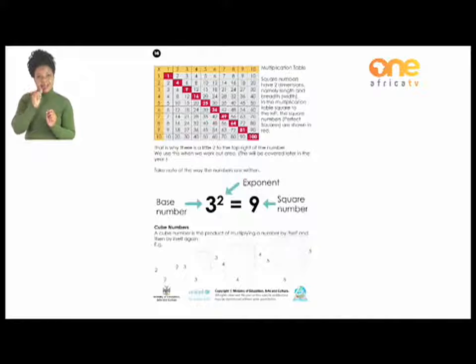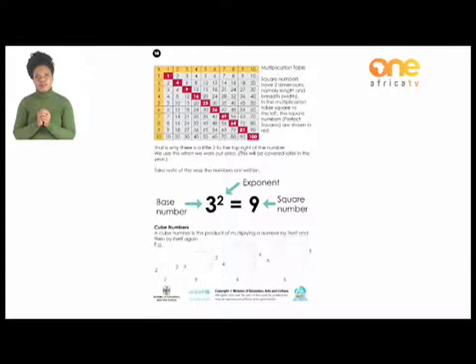So to read on top on the right side is a multiplication table whereby we have square numbers. Square numbers have two dimensions, namely length and breadth, which is also the width. In the multiplication table to the left, the square numbers, or we can say the perfect squares, are shown in red.